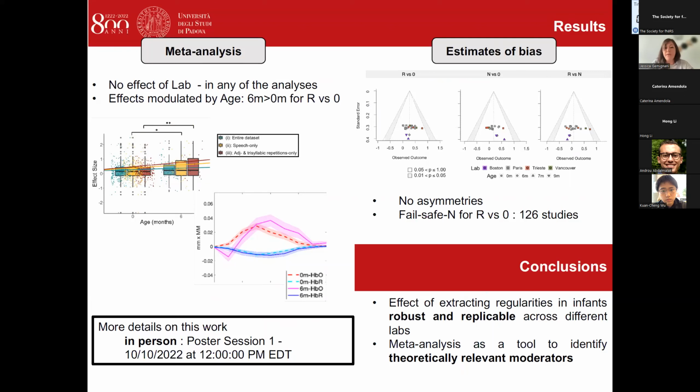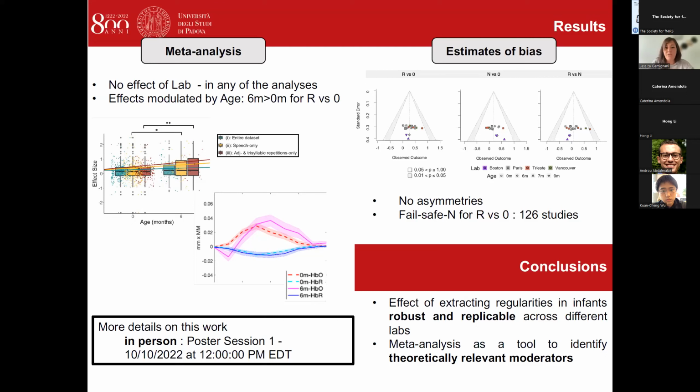As for the measures of estimate of bias, we found no asymmetry in any funnel plots, so for any of the comparisons. We also found that there would need to exist 126 negative missing studies, so studies in the drawer, let's say, to make the repetition effect not significant. So it's quite a large number that doesn't suggest the existence of a bias.